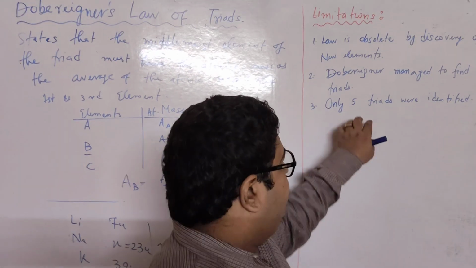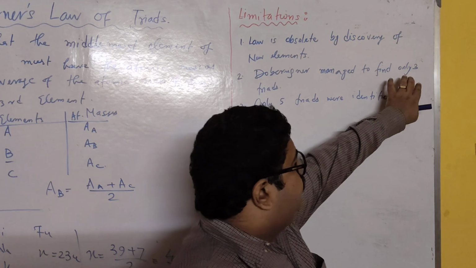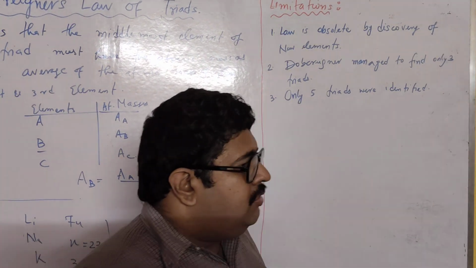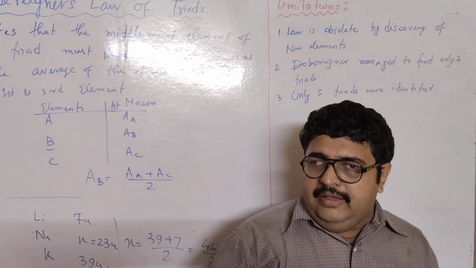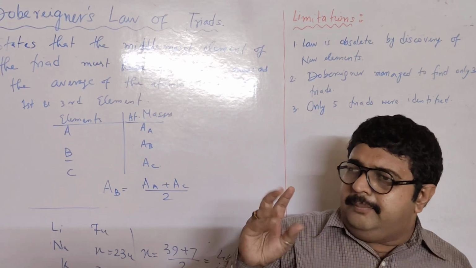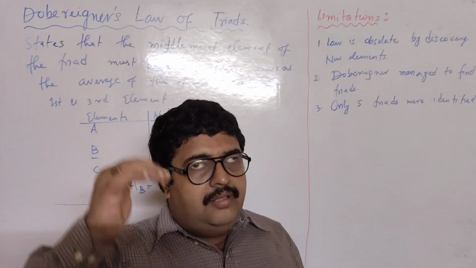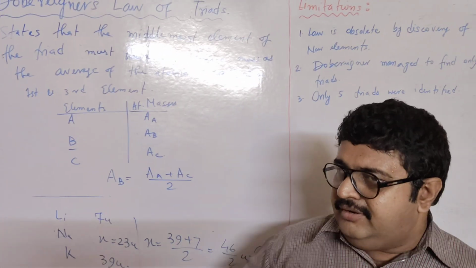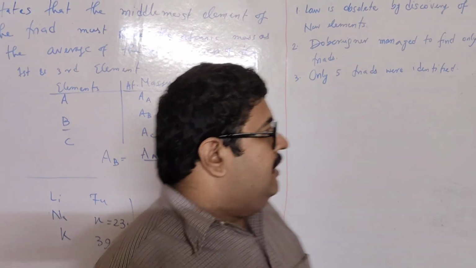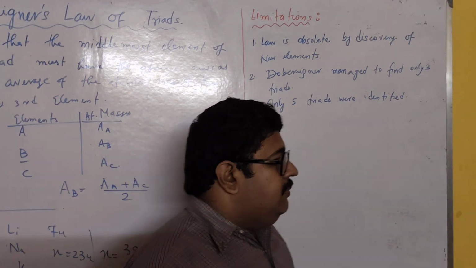Out of these 5 triads, except for 3, the middlemost element had a mass in between the first and the third, and not the average. But in other cases, a triad couldn't be formed.